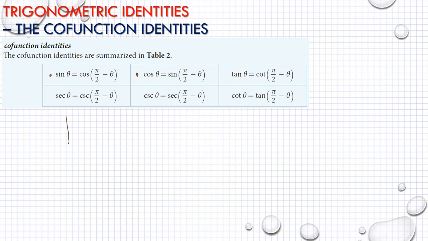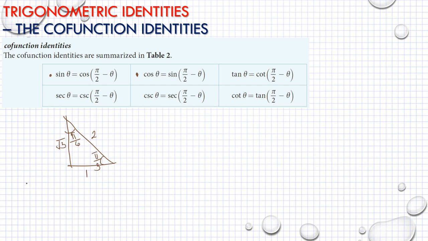So if I have this one, for example, this is pi over 6, and this is pi over 3, or 30 degrees and 60 degrees. We know that this is 2, this is 1, and then square root of 3.